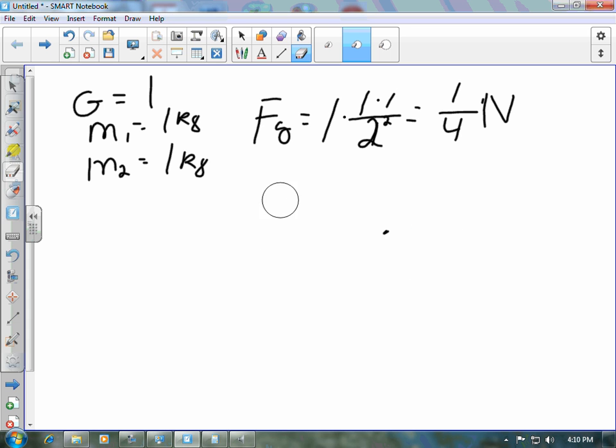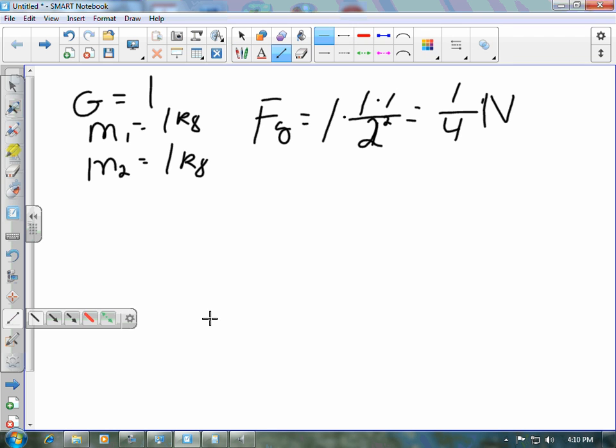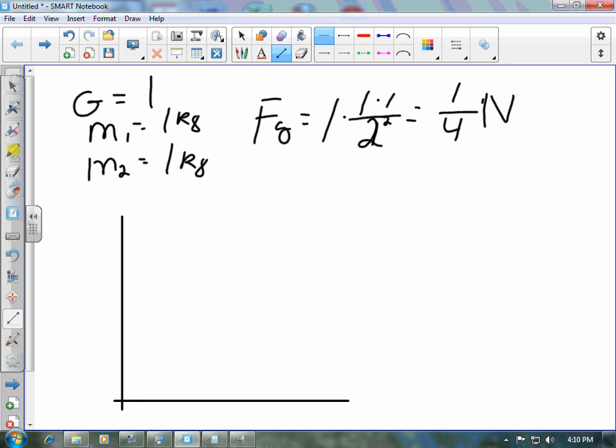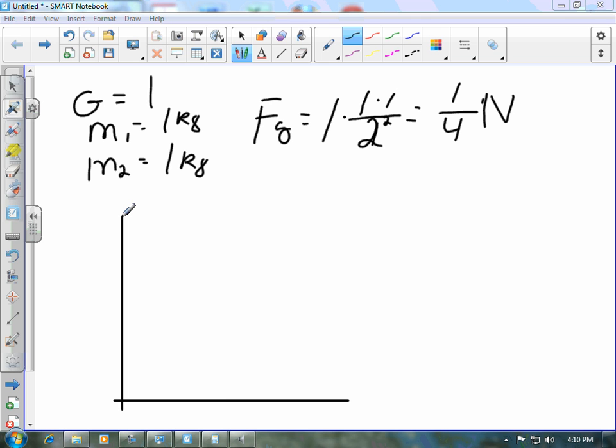On this axis we'll have distance x in meters. On this axis we will have force, and that's obviously in newtons.